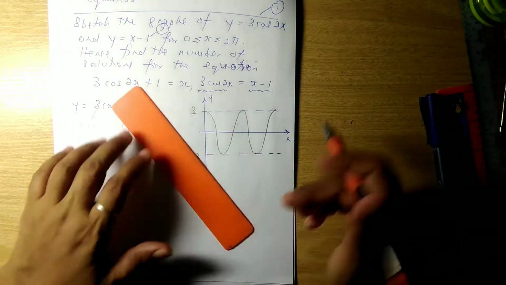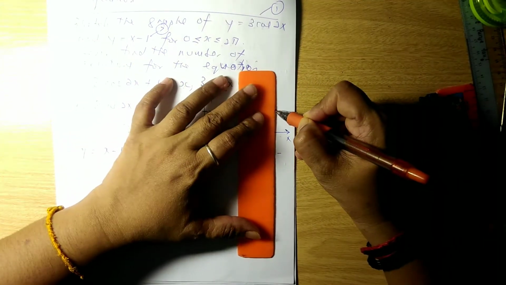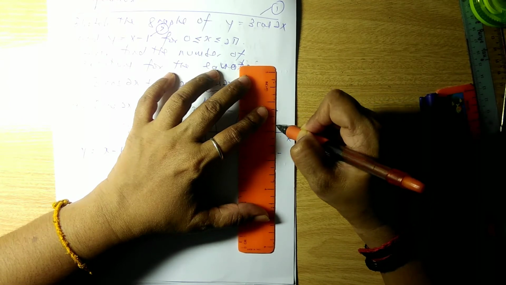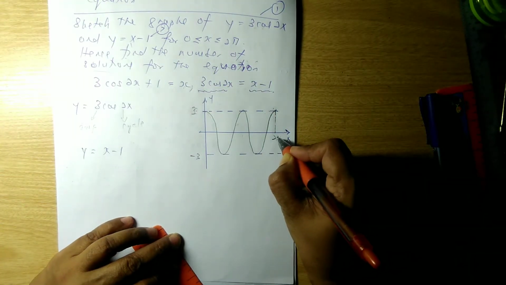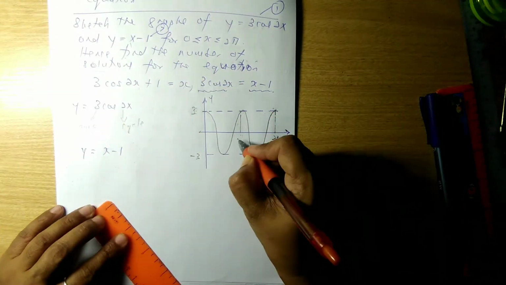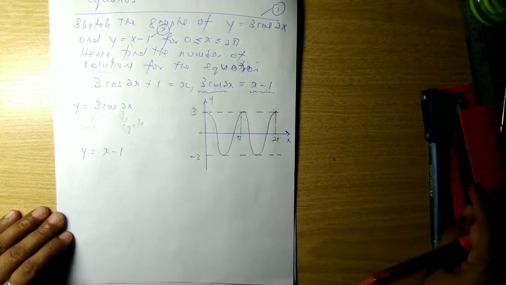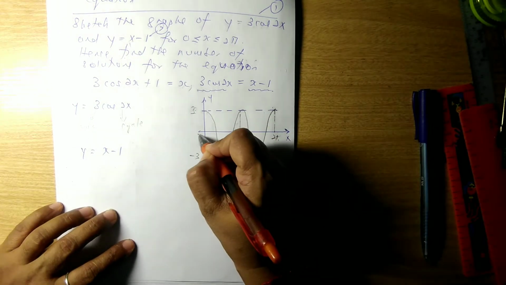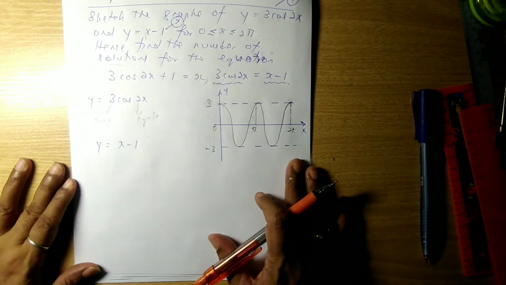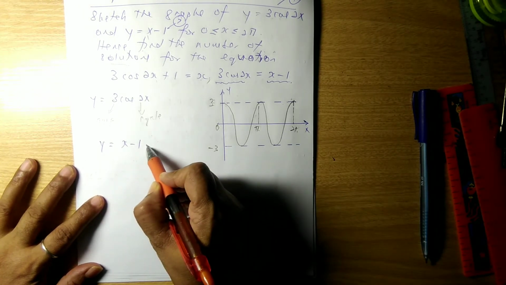So that's your 2 pi, your pi will be here, and of course this is 0. Then we go for y equals x minus 1.